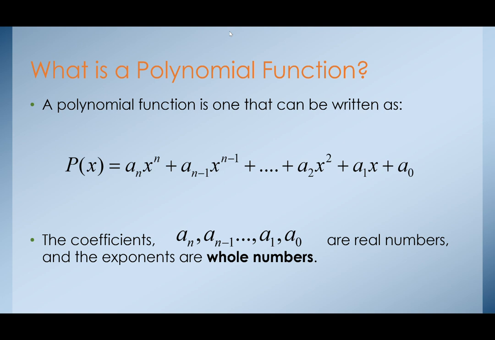So each one of these, this a sub n, is our coefficient on each of the power functions that make up our polynomial, and the n, or the n minus 1, all of these are our powers, right?